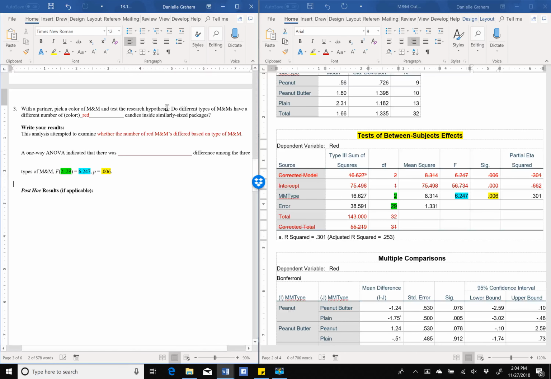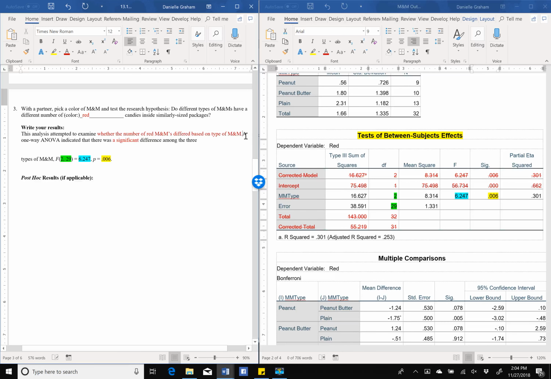So since it is lower than 0.05, that means we reject the null hypothesis, and we can say a one-way ANOVA indicated there was a significant difference among the three types of M&Ms, F(2, 29) = 6.247, p = 0.006. If we didn't have all the weird spacing, it would look really like this written up.